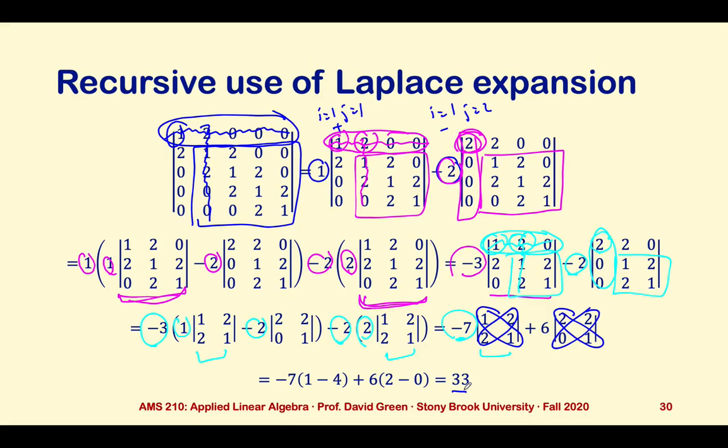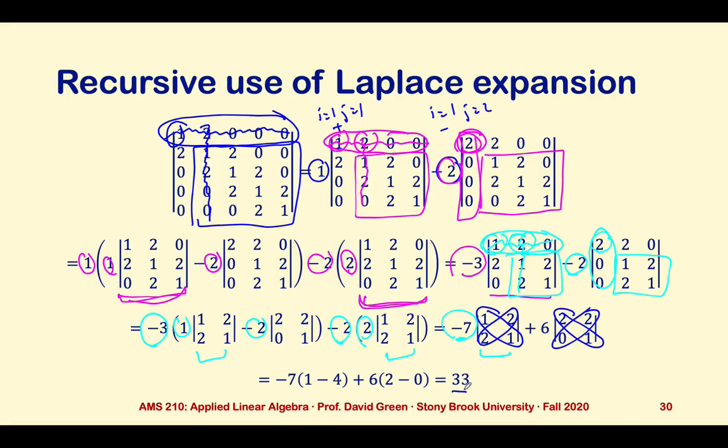This recursive application of the Laplace expansion gives us a way to compute any determinant without using elimination. Now, it is actually a bit of a clunky way to do it if we don't have a lot of zeros.